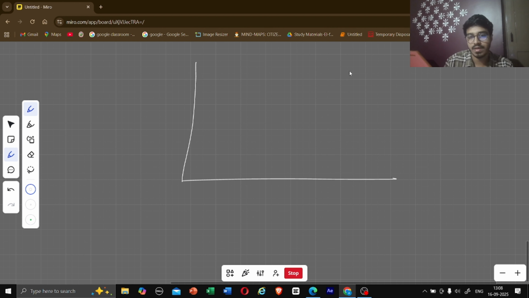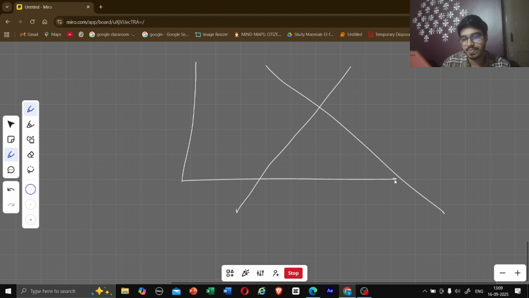Next, we'll see another concept. Consider lines L1 and L2 making angles alpha 1 and alpha 2 with respect to the positive x-axis, intersecting each other at angle theta.